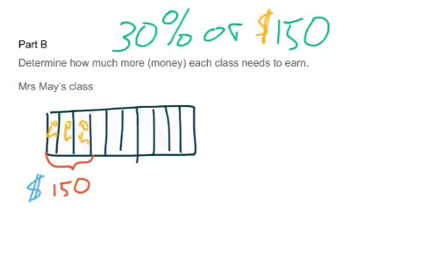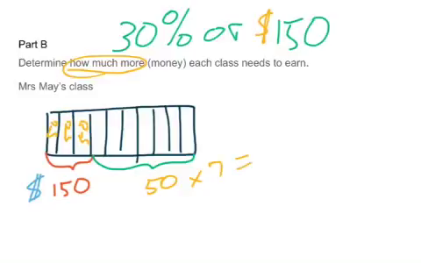If we're trying to determine how much more, then we are trying to determine this amount, and that would be 7/10, which is remaining, or 70%, and each one of them is worth 50, so we could just multiply 50 times 7, and that is going to equal $350.